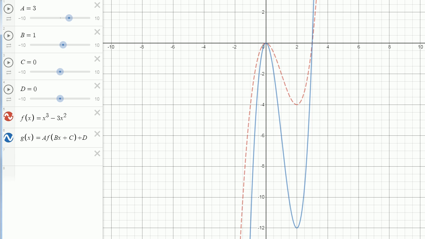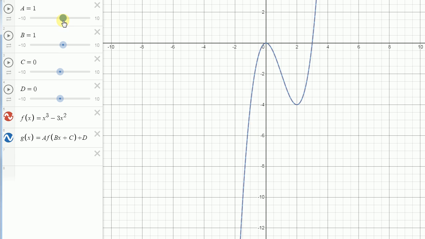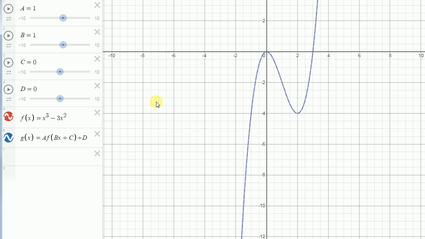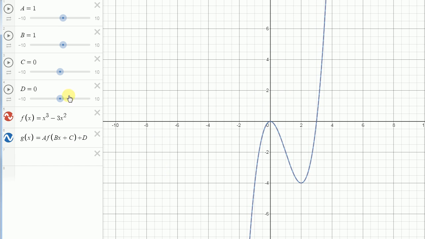Second one, let's move a back down to 1. Notice the function is a scale factor of 1. Let's change the d value, the value on the outside. Move this down again. When I move this up to 2, it's moved in the positive value by 2.